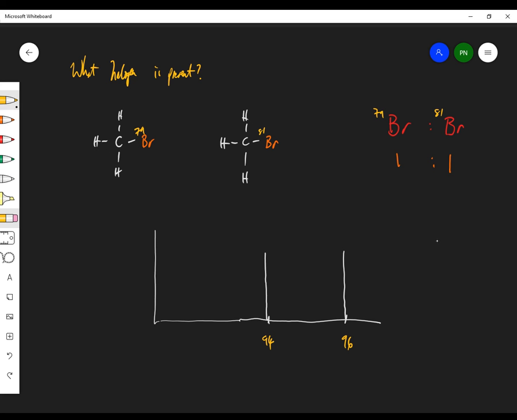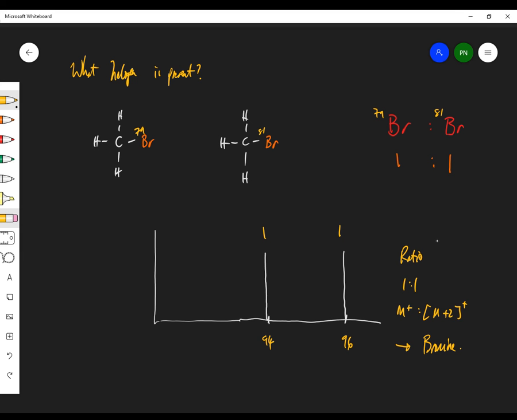So the ratio here is going to be 1:1. So if the ratio is 1:1 of the M peak to the n+2 peak, your halogen, we can deduce, is bromine.